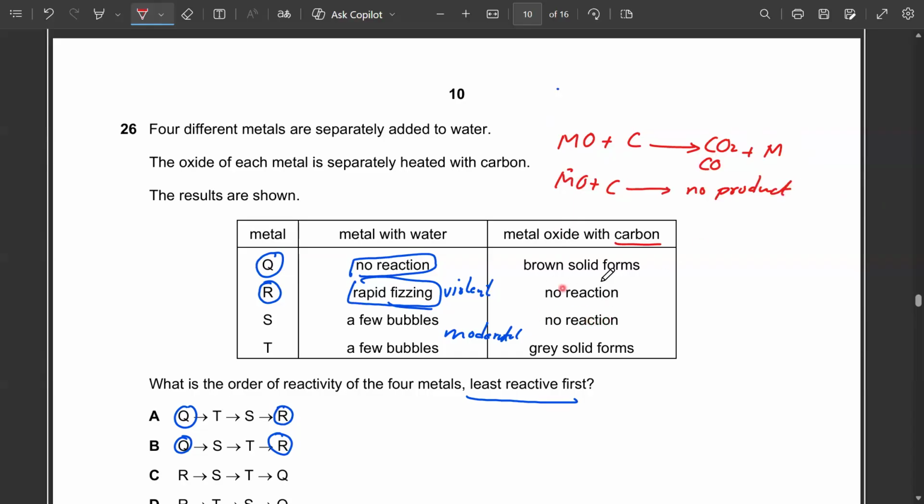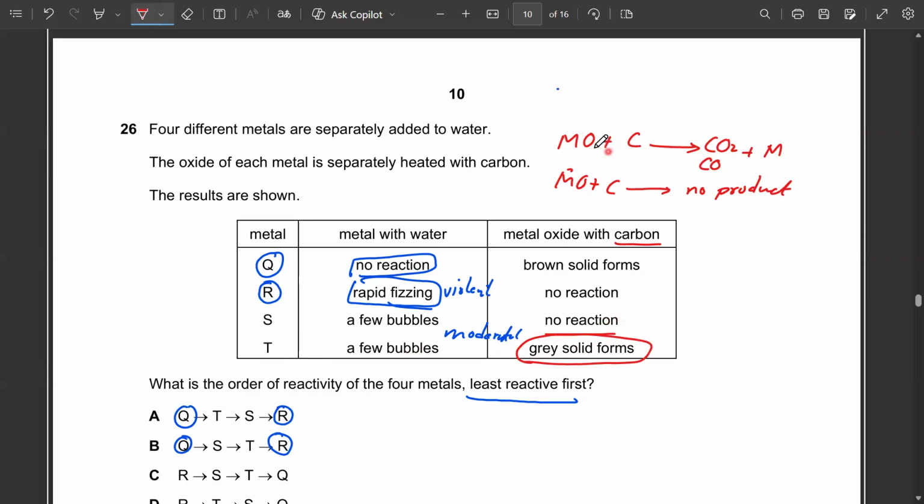Because in one case, we have the formation of T and S. In one case, there is no reaction, which means no product. And in the other case, there is a product formed. They are just saying gray solid. I do not know which metal that would be, but it says there is a product. So there is a product formed in T and no product formed in S.